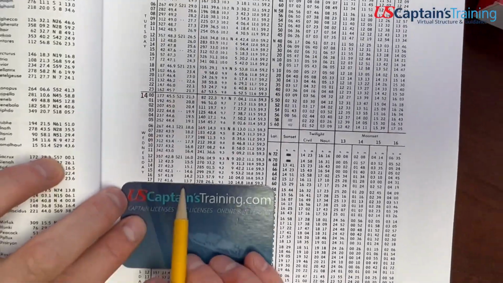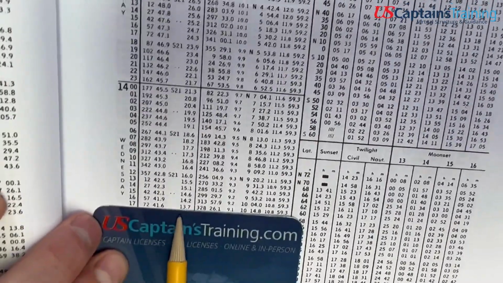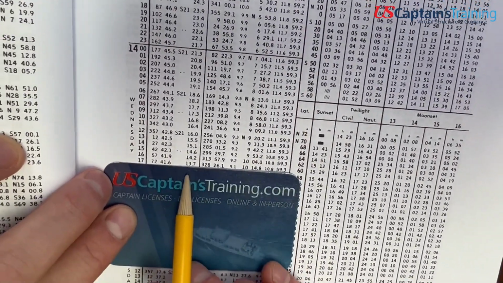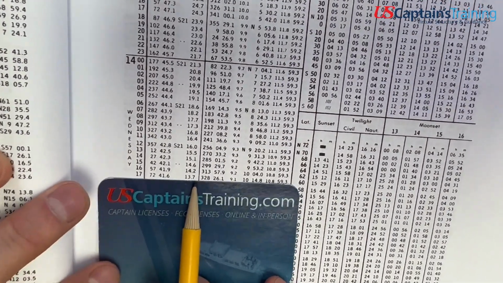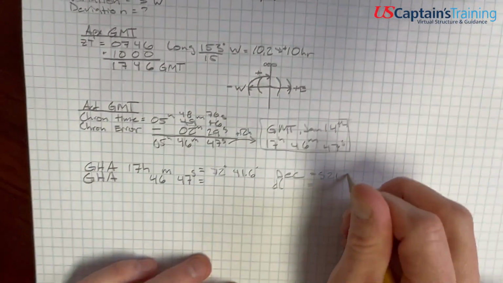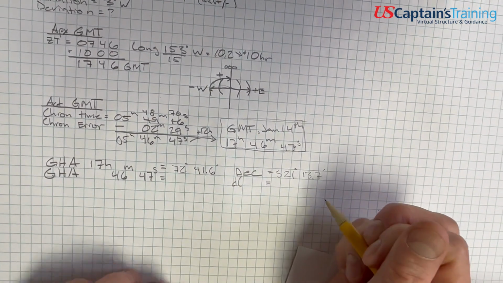So 17. So it's S21, South 21, 13.7. All right, and our D.